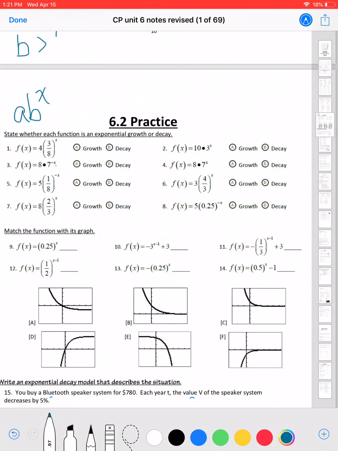If the base is larger than 1, it's typically going to give us exponential growth, such as 2 to the x power, or 3 over 2, all of that in parentheses, to the, even if it was positive 7x power, or whatever the case is, then that will give us exponential growth.